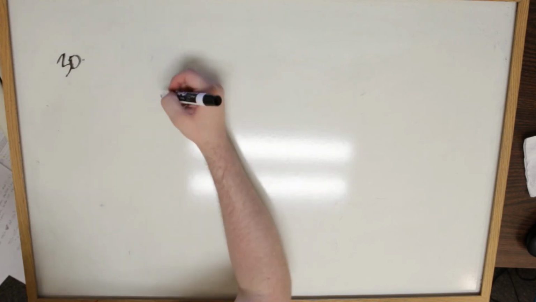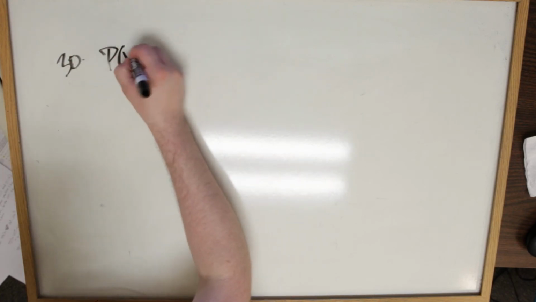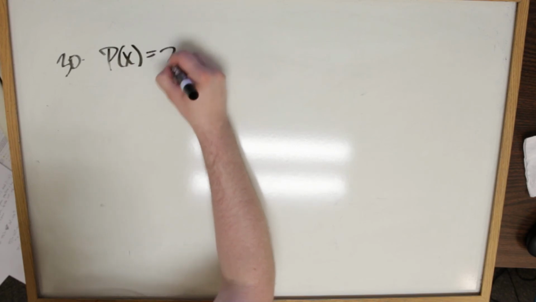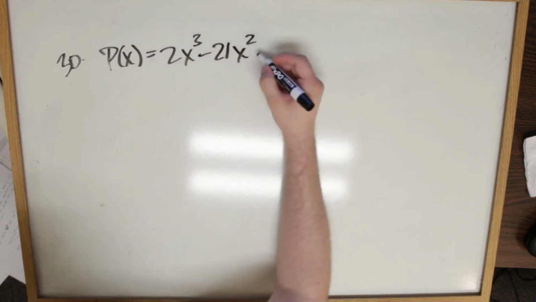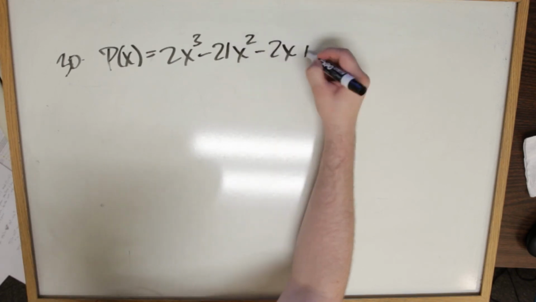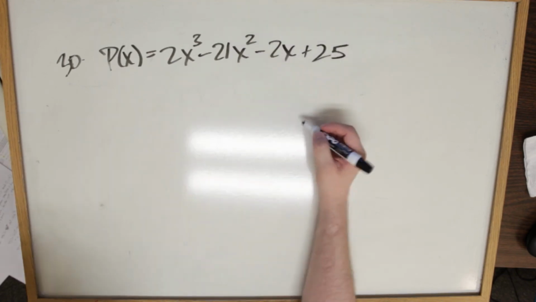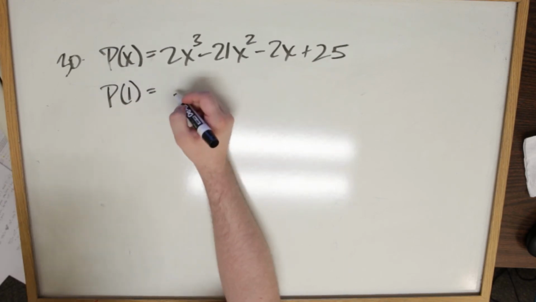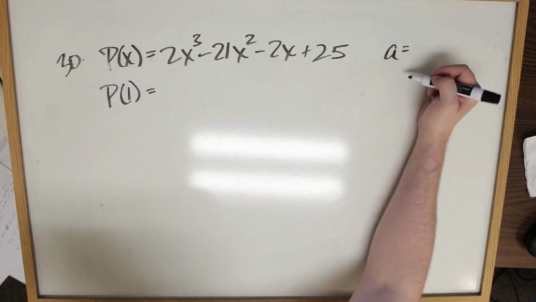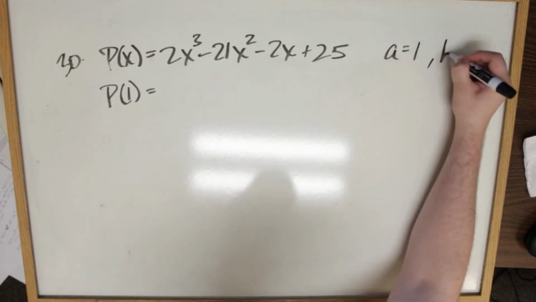So, question 30. They say that p of x is equal to 2x cubed minus 21x squared minus 2x plus 25. A is equal to 1, B is equal to 2.